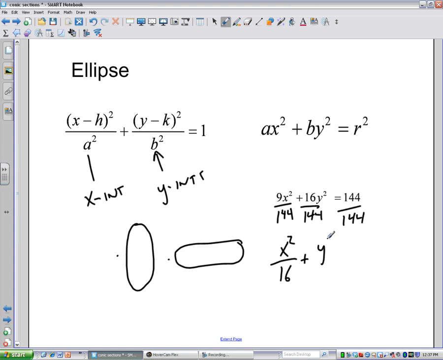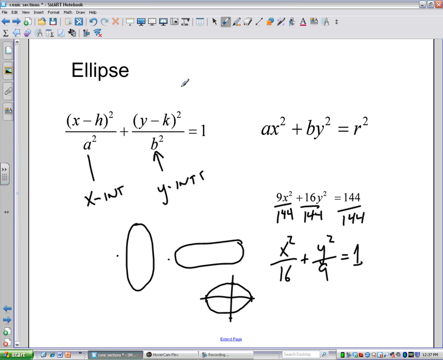Clever, huh? And then this becomes y squared over 9, same reason, equals 1. So if I drew this, I'd get an ellipse centered at the origin. It crosses the x-axis out here at 4, crosses the y-axis at 3, and maybe, just maybe, looks something like that.